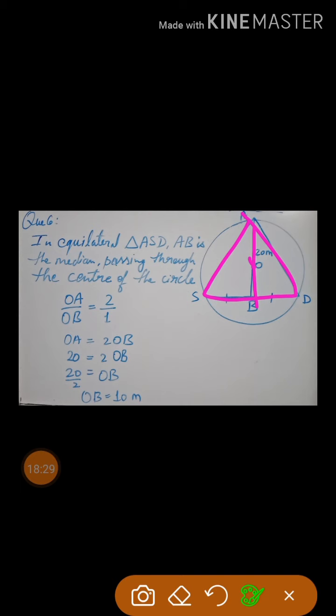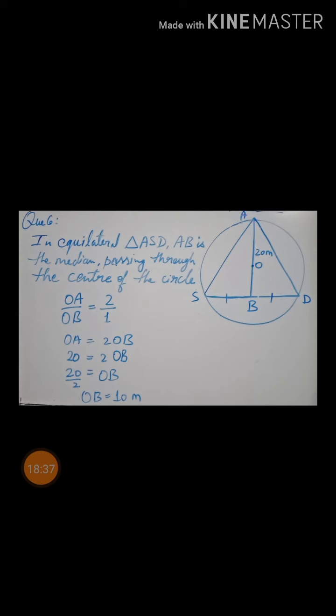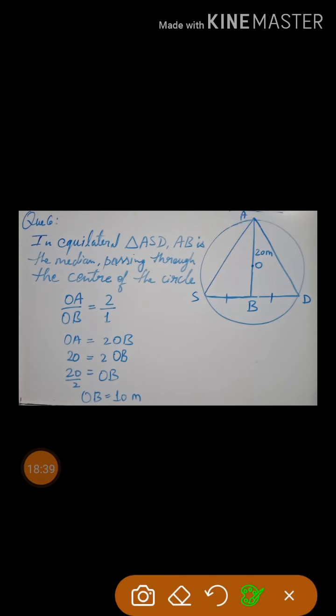This is the center of the circle, means this is the orthocenter. So this will divide this in the ratio of 2:1. It is not showing because the figure is not drawn properly. It is drawn freehand. It will divide this into the ratio of 2:1.